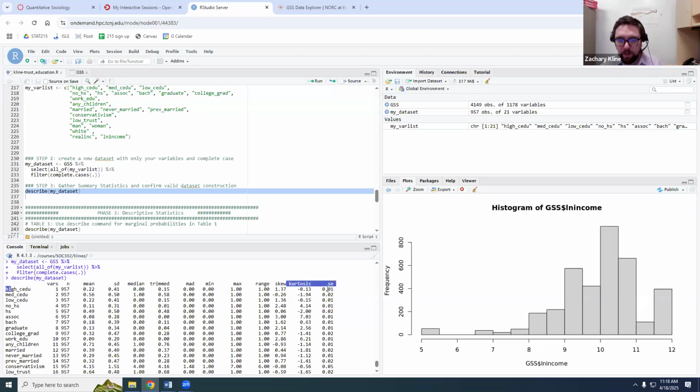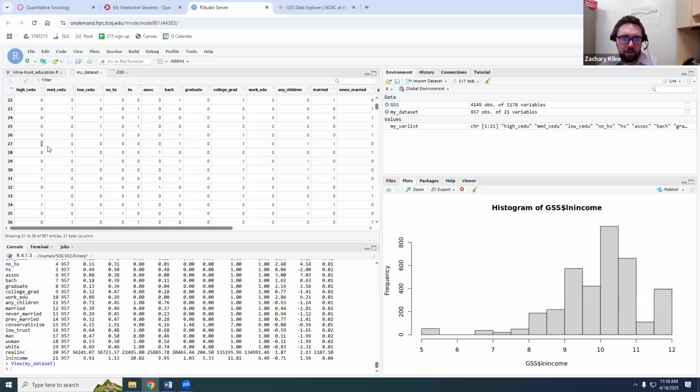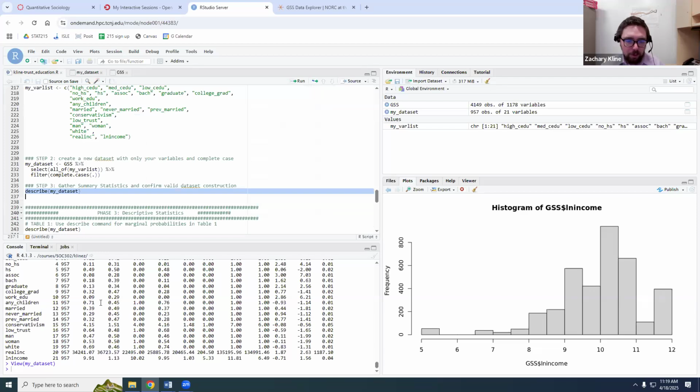Because anyone has a value of 1 for high EDU if they have high confidence and 0 if they do not have high confidence, this mean tells us the proportion of all the respondents that have high confidence. We can see that here if we go through. All these people have 0, this person, number 27, has 1 for high EDU. So it gives us a nice way to calculate the proportion.